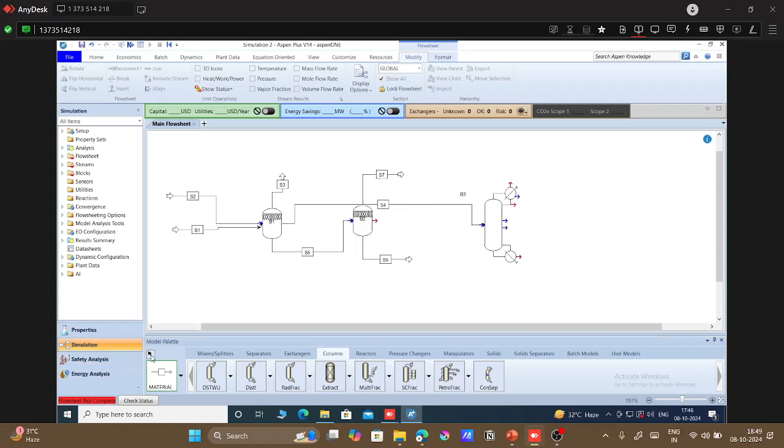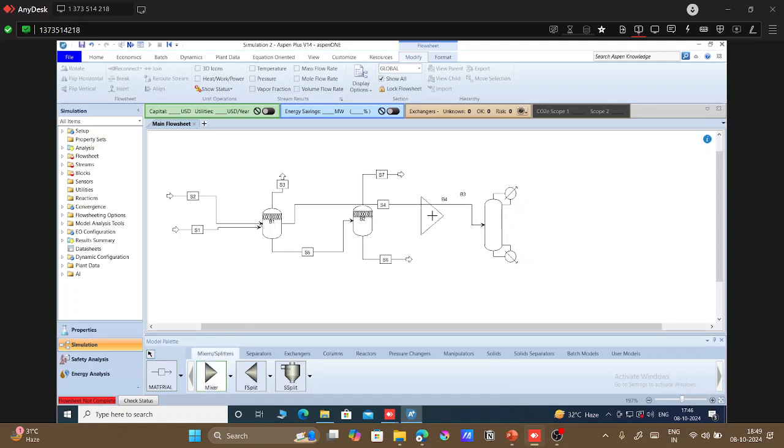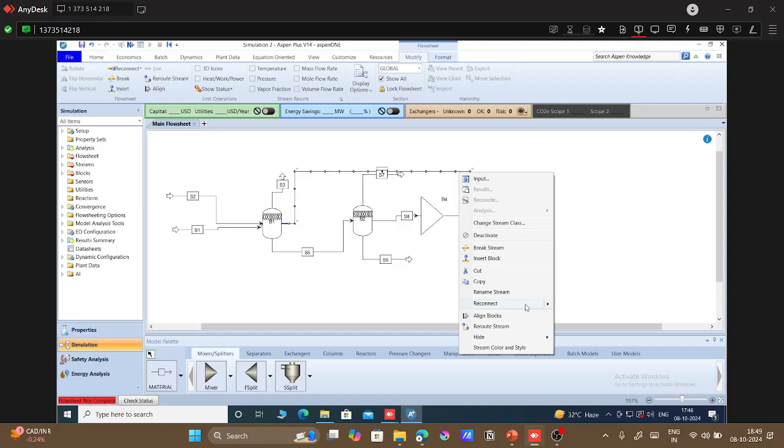Rather than directly entering them, let's put a mixer here and then add them. So what I will do, I will add a mixer. From the mixer, let me reconnect this line, reconnect to destination.